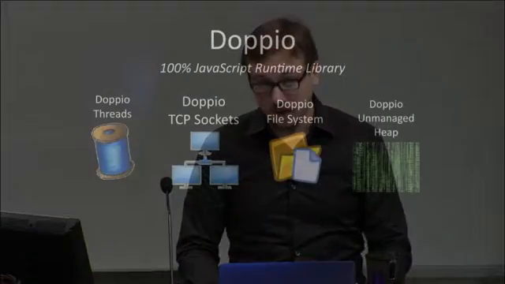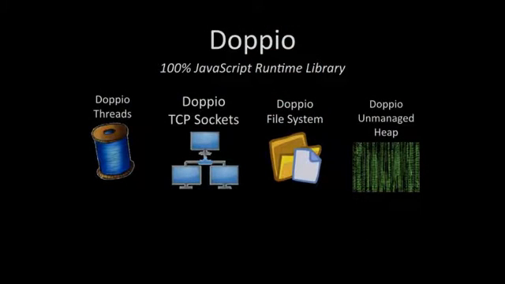We also expose a TCP socket interface on top of WebSockets, a file system interface on top of the various storage mechanisms available to the browser, and we emulate an unmanaged heap. These three services handle the challenges of browser diversity that I discussed previously, and they let programs running in Doppio function across all of the major browsers.